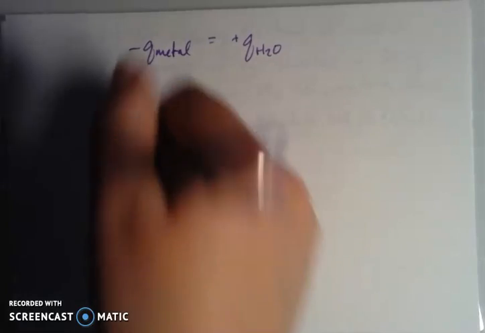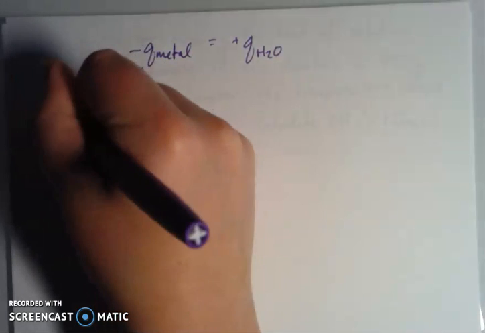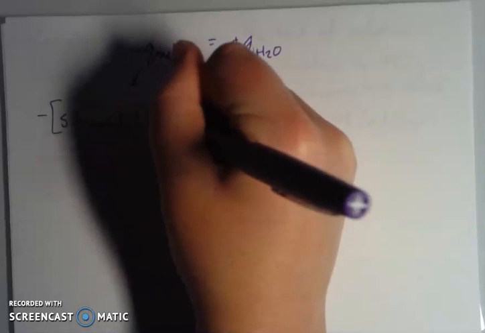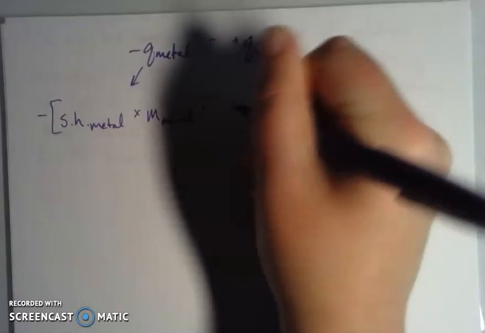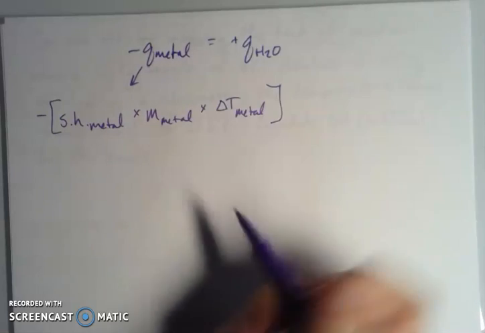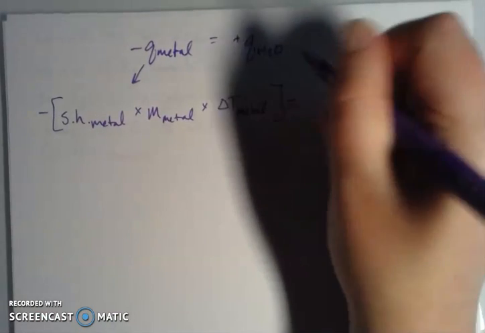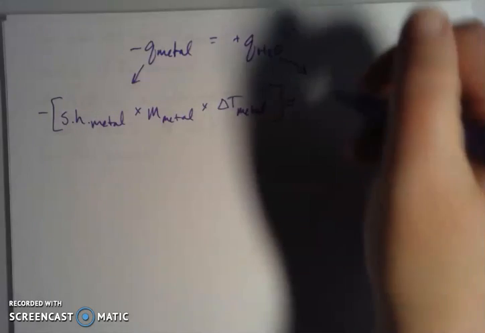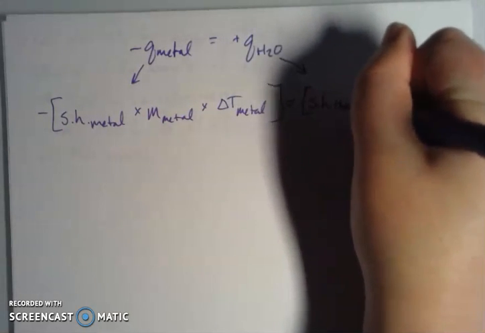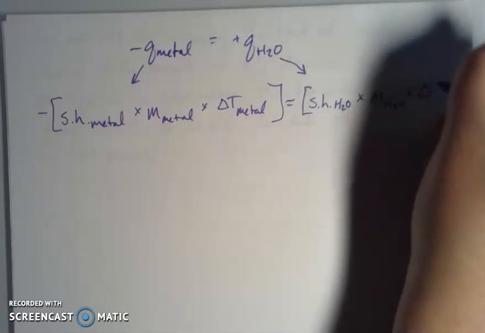I could say that that Q here is equal to the specific heat of the metal times the mass of the metal times the change in temperature for the metal. And if I take the negative value of all of that, then that has to be equal to, and then we're going to kind of expand this guy out, the specific heat of my water times the mass of my water times the change in temperature of my water.